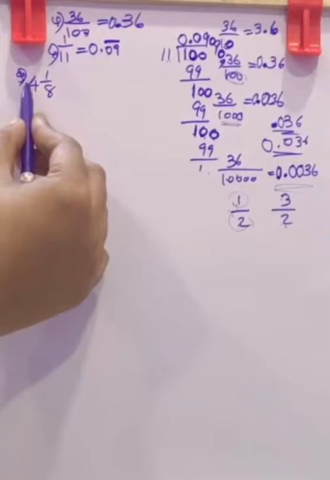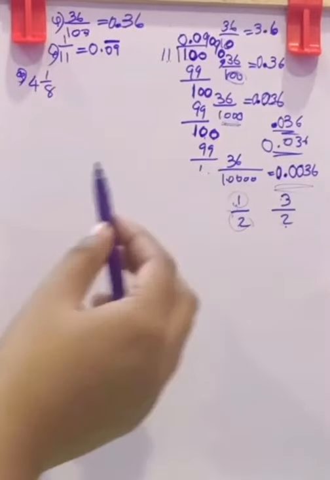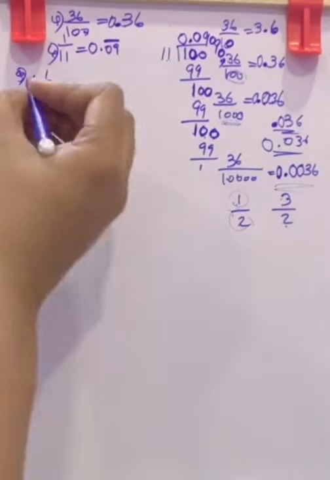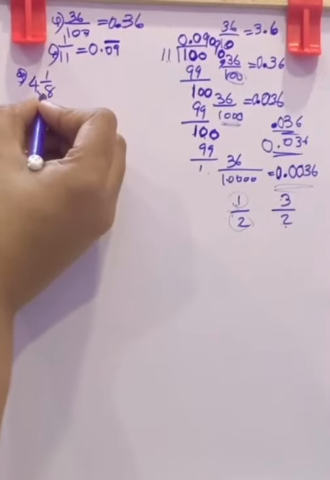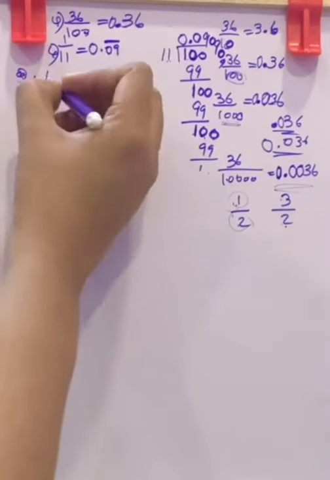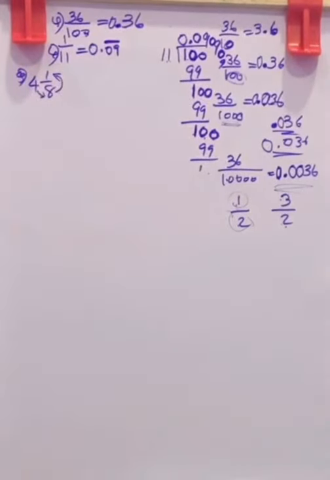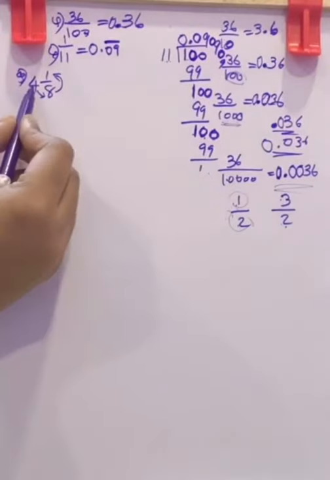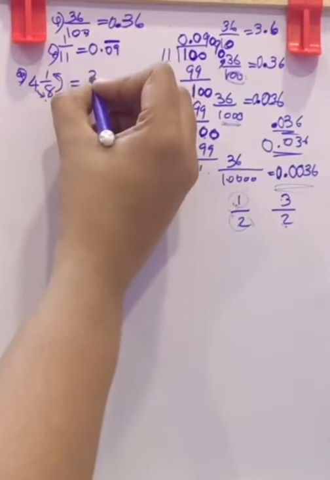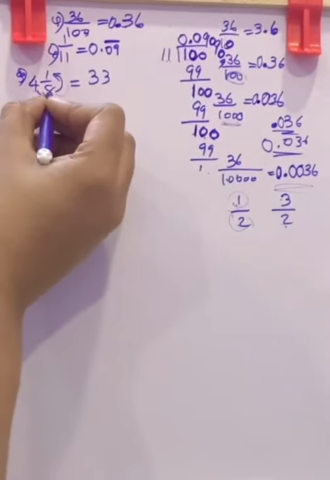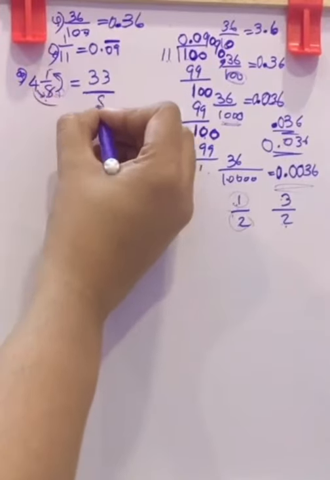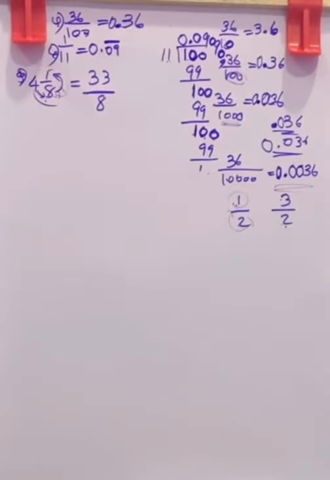So you have to convert this to an improper fraction before dividing. How will you do it? You multiply this: 4 into 8. 4 8s are 32 plus 1. 32 plus 1 is 33. That is, here multiplication and here addition. So this becomes 33 by this denominator, 33 by 8.